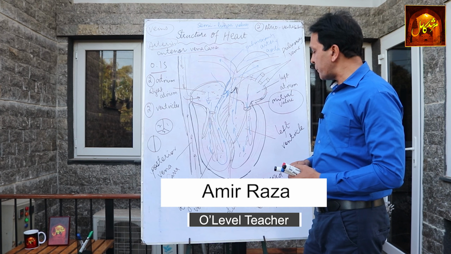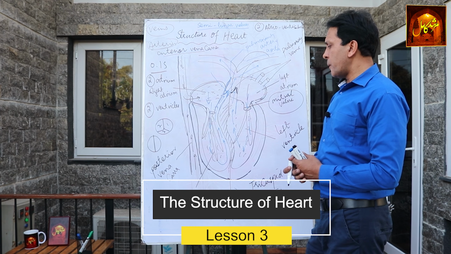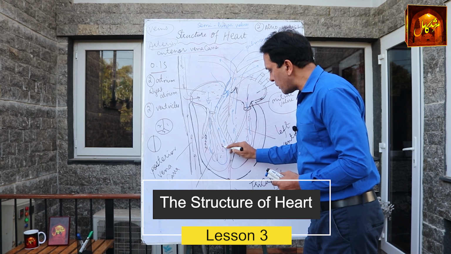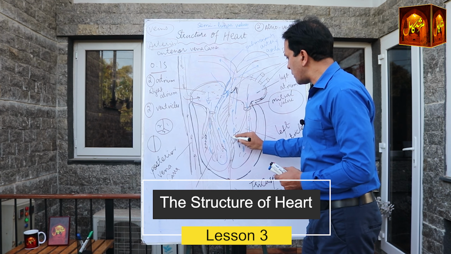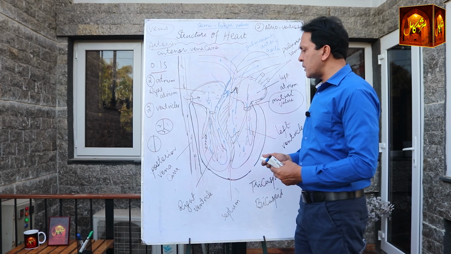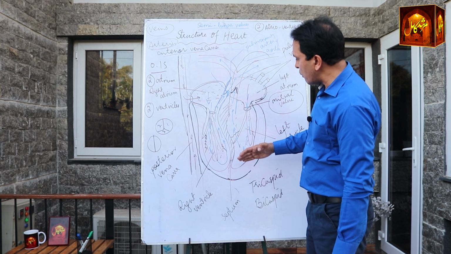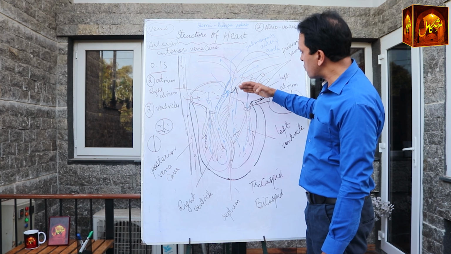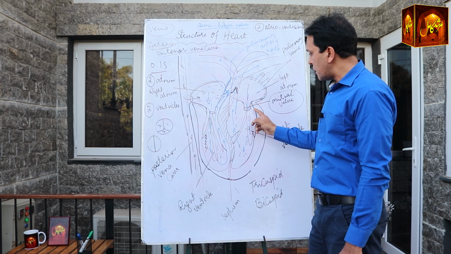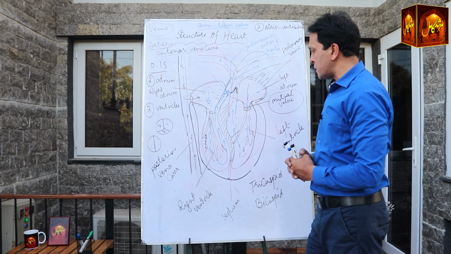Then, one more thing. The flaps of these valves should be fixed at their place, because when the ventricle contracts, during that process, when blood flows towards the aorta and pulmonary artery, these two atrioventricular valves should be closed.